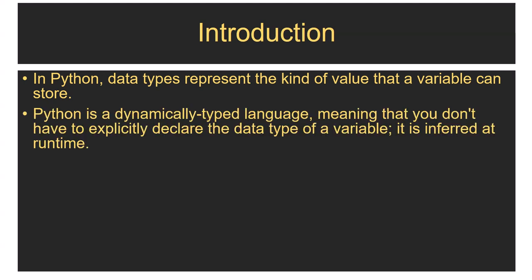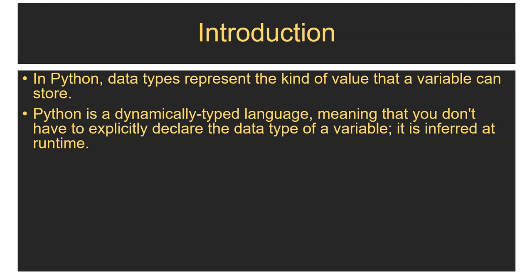So talking of Python, we have already learned in our earlier session that Python is a dynamically typed language. What do you understand by that? That means that you don't have to explicitly declare the data type of a variable. It is in fact at runtime. When we were discussing variables, we said that once you assign a name to a data value, the variable is automatically created.